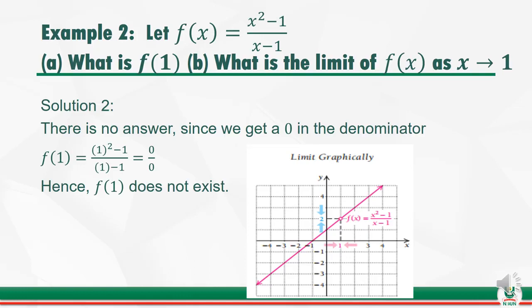When the denominator is 0, the function is undefined. That is, f of 1 does not exist. If you look at the graph here, we have values for everything except 1. When x is 1, there is no value for it. Let's proceed.